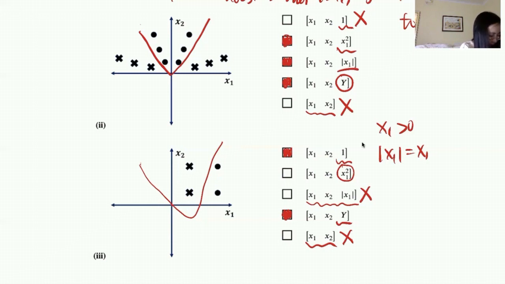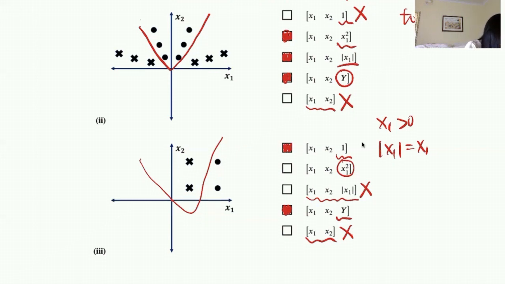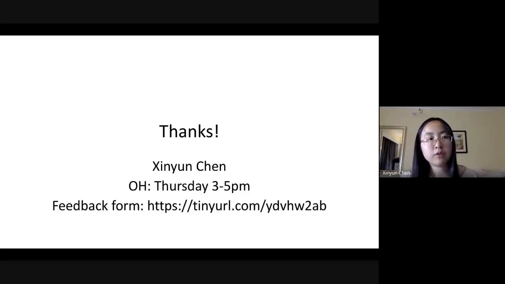So this is why it could also classify these two sets of points, where one set has a larger x1 and another set has a smaller x1. So the second choice is also sufficient to classify this data. That's it. Thank you. If you have more questions, feel free to come to my office hours.